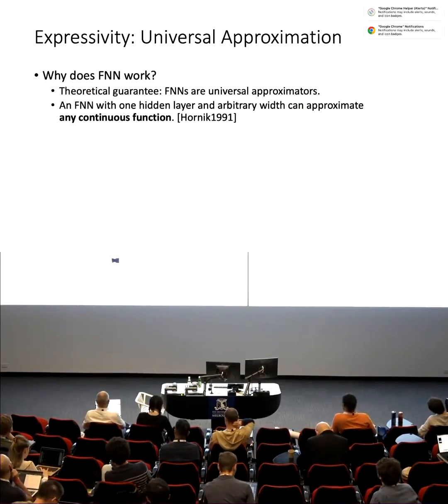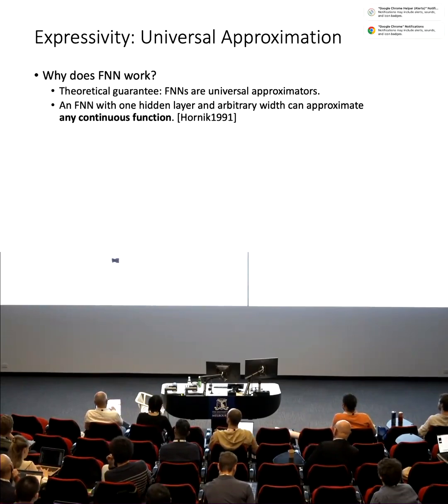As we said before, we will focus on the expressivity of the quantum machine learning model today. The first question is why expressivity is so important for machine learning models overall. One may ask, why does the FNN work overall?